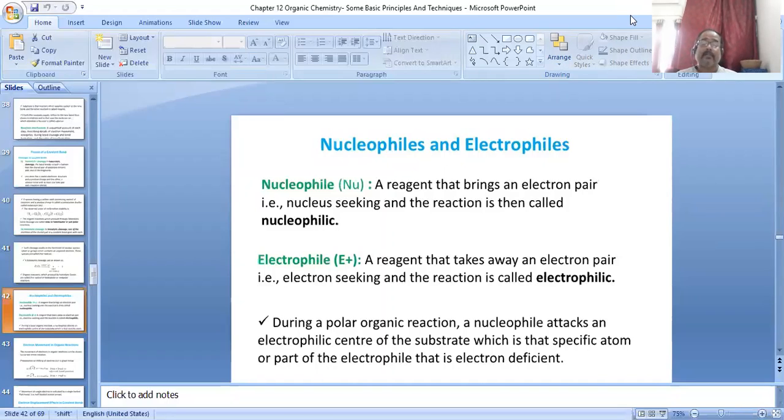And we know that the charge of the nucleus is positive. So if any substance has a negative charge, it is loving to the nucleus. So it is a rich electron donor, and also if any substance has a lone pair, it's called a nucleophile.